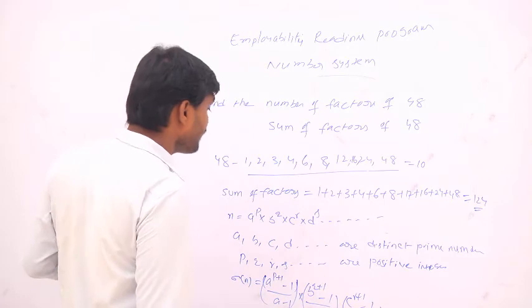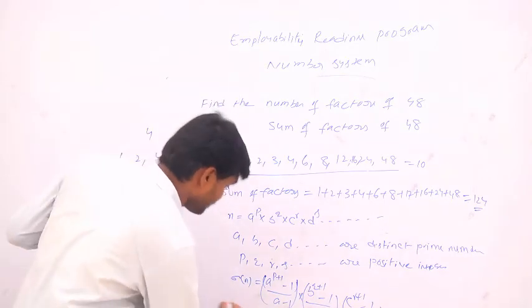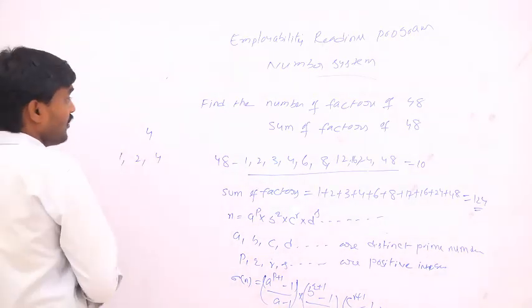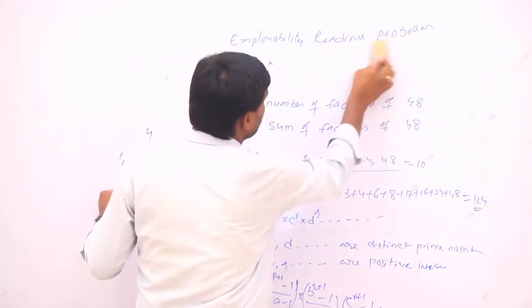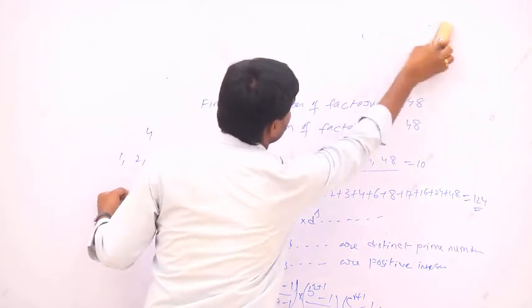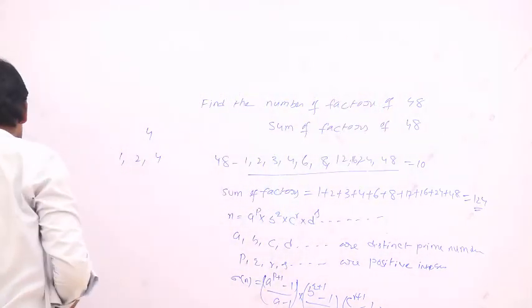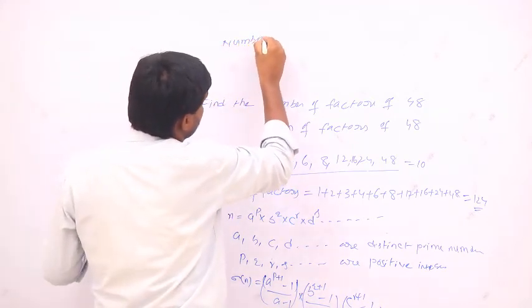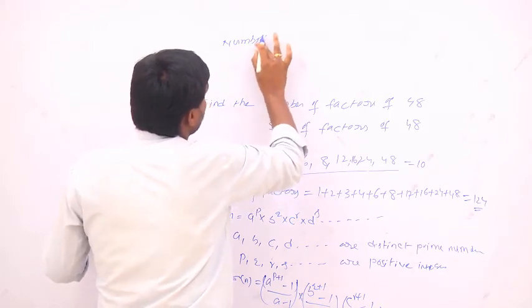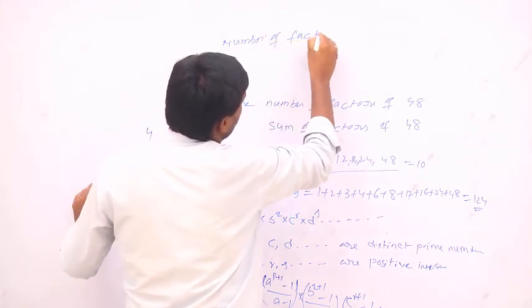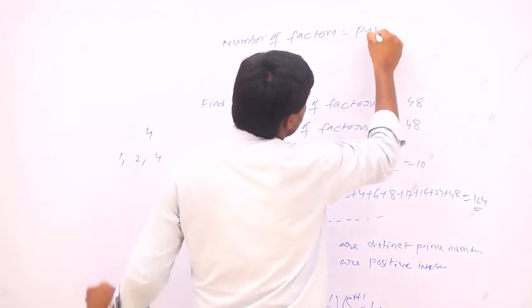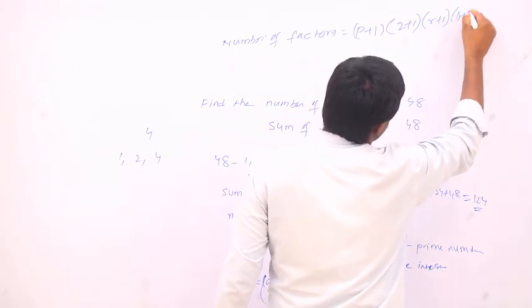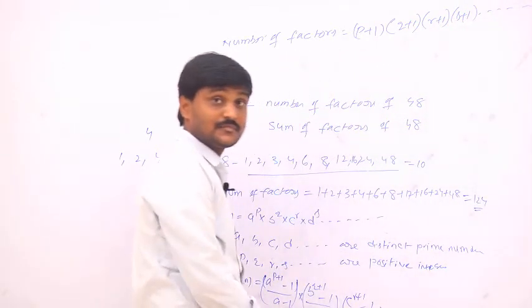Next, the number of factors equals p plus 1 into q plus 1 into r plus 1 into s plus 1, and so on.